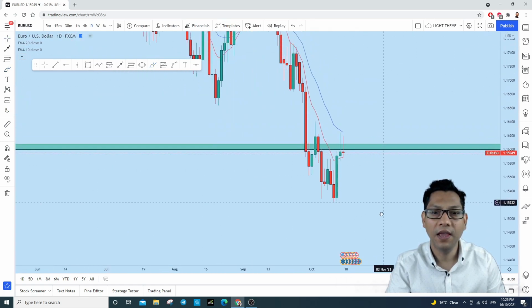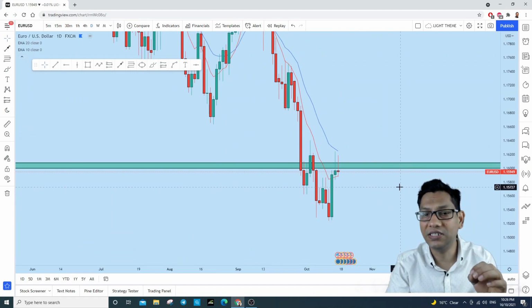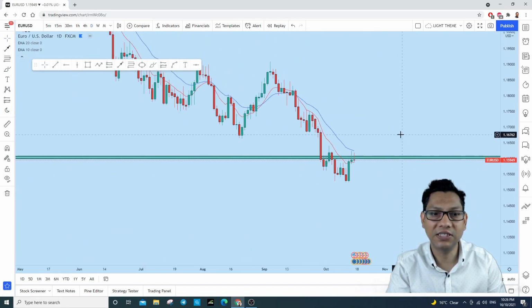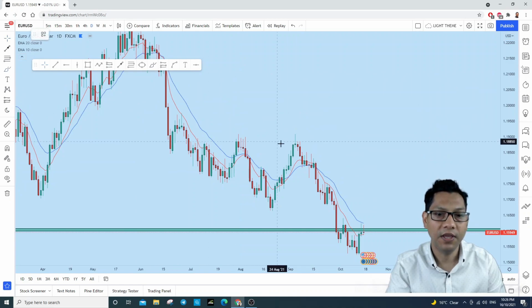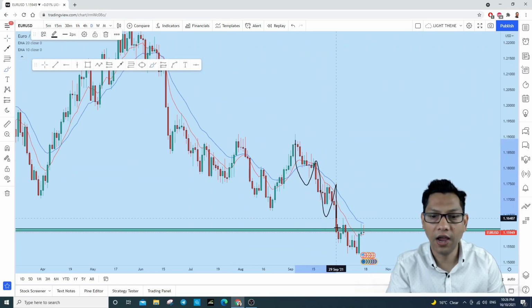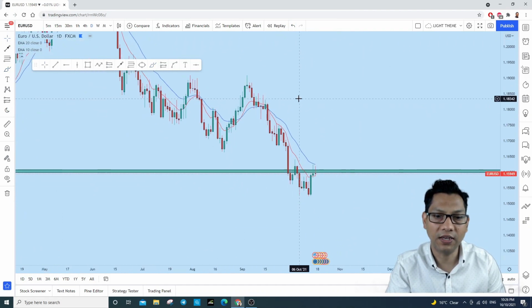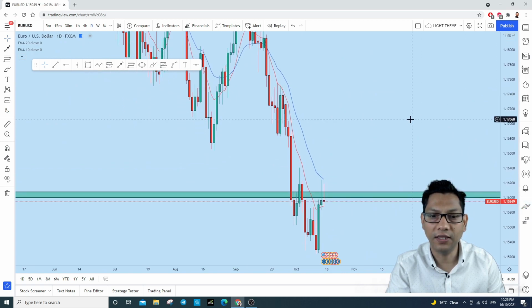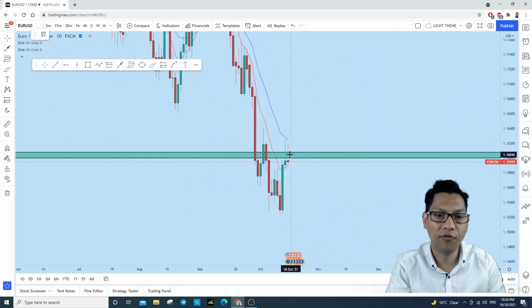Now let's go down to the daily time frame to see how we can trade this instrument. As you can see on the daily, the market structure is still valid. The price is still creating lower highs and lower lows. So in this market structure, we can expect the price to drop from here in the new trading week.